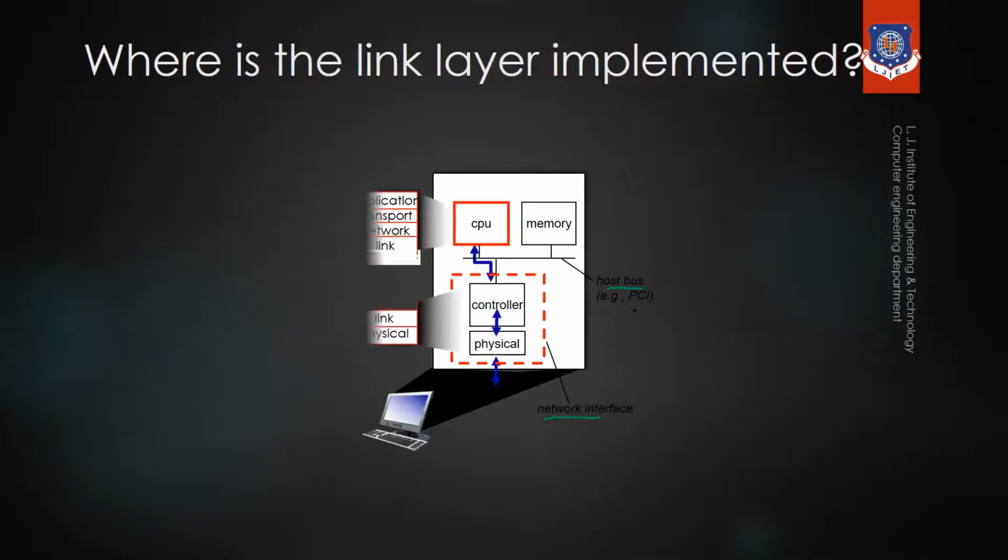So the data link layer is implemented in the hardware part and software part. It is implemented in the network interface card and in the CPU as well.